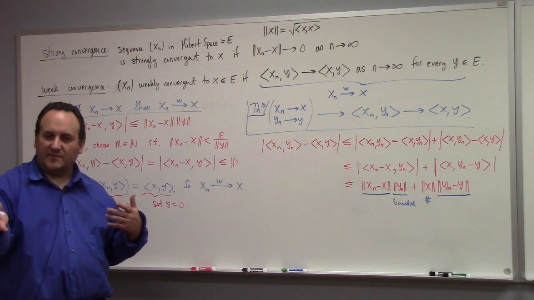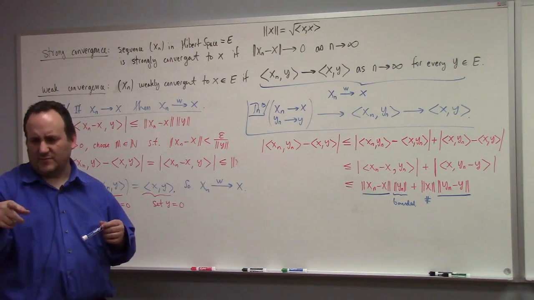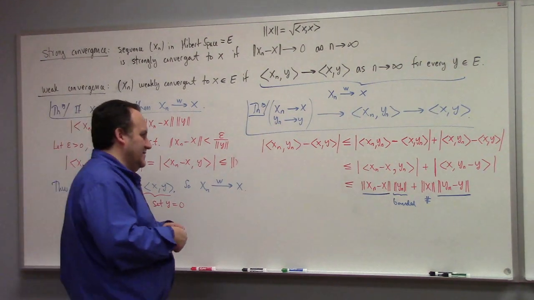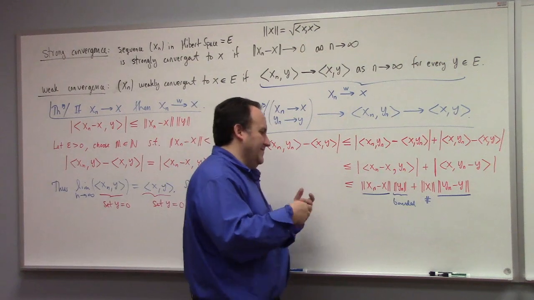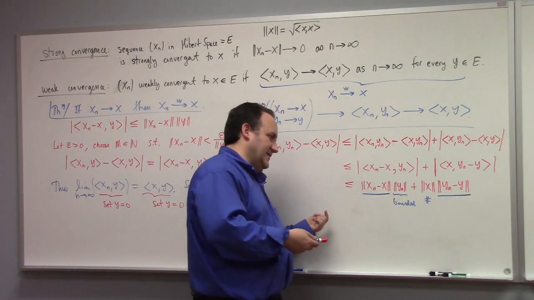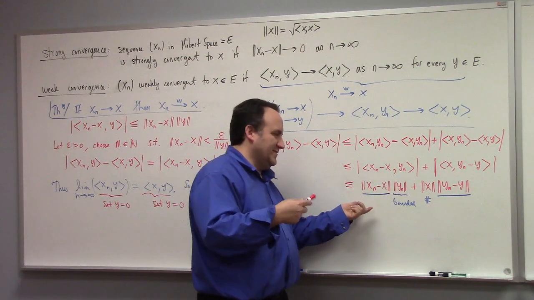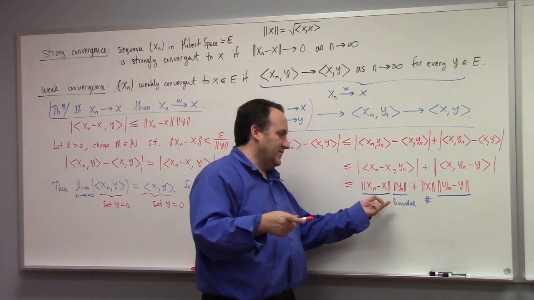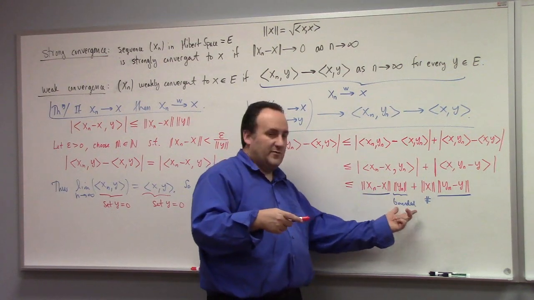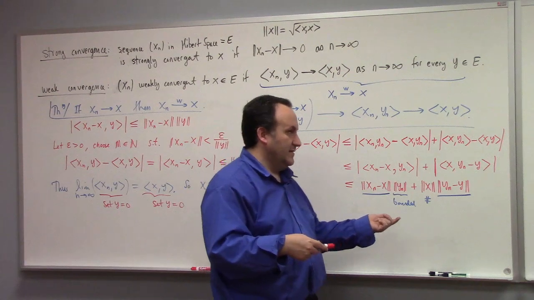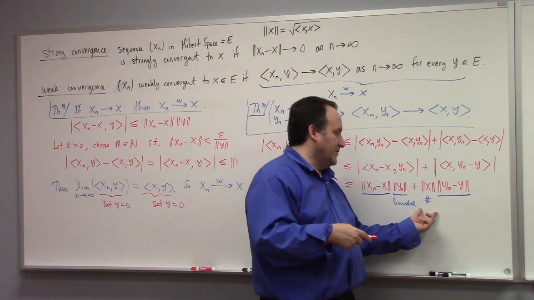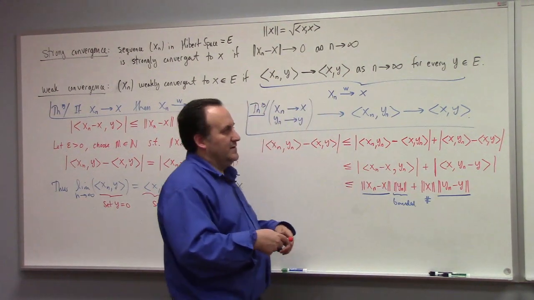You want the maximum of the indices, because we're in the natural numbers, so the maximum will give us the smallest. You want epsilon over 2 times the bound for this piece, and then epsilon over 2 times the norm of x for this piece.